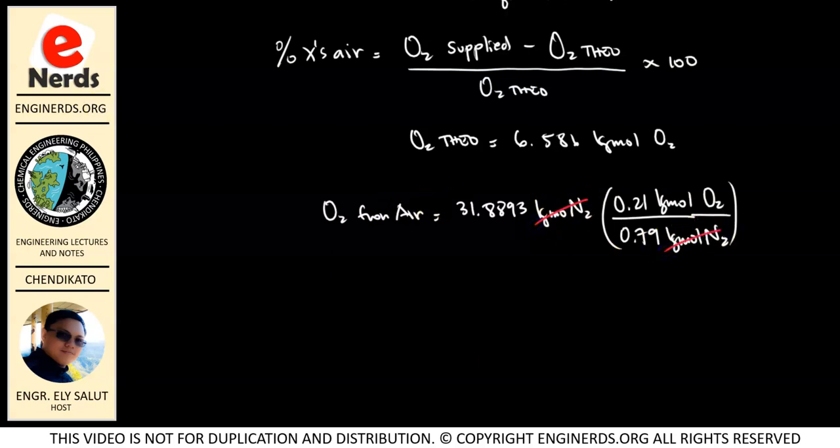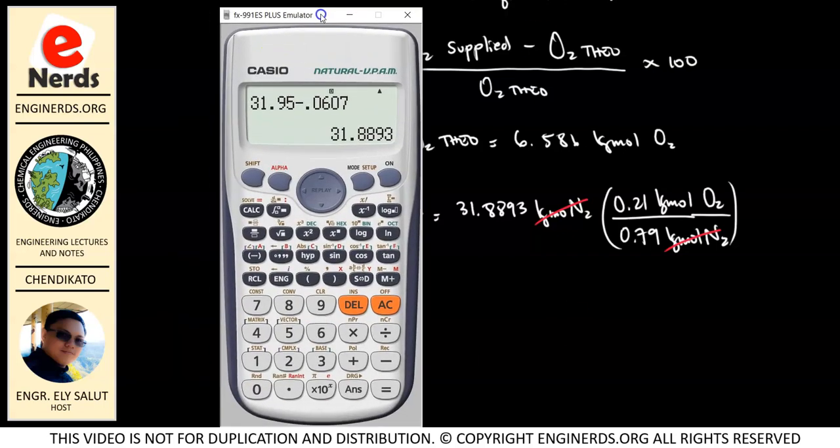So, our O2 from air will be equal to 31.8893 divided by 0.79 times 0.21.